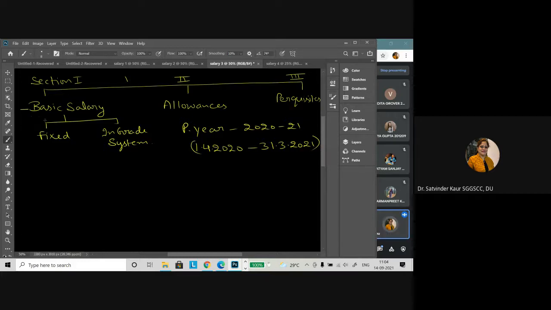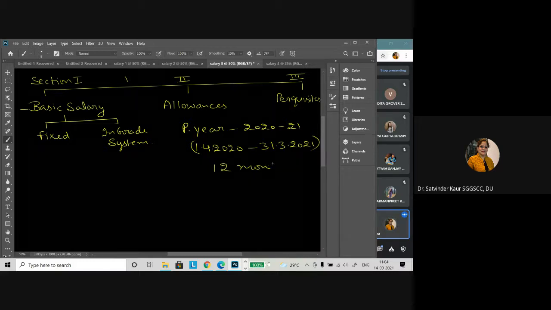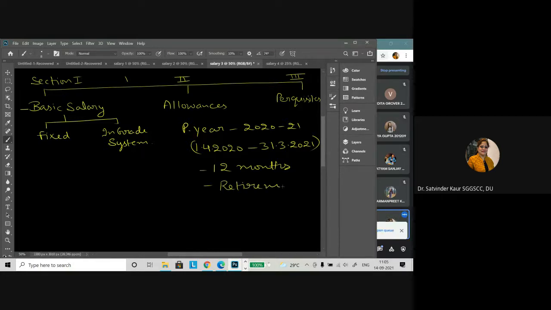So whatever basic salary is received, we take it for 12 months, unless there is a case of retirement or leaving the job, right? Or the person has joined the job for the first time in the middle of the year.